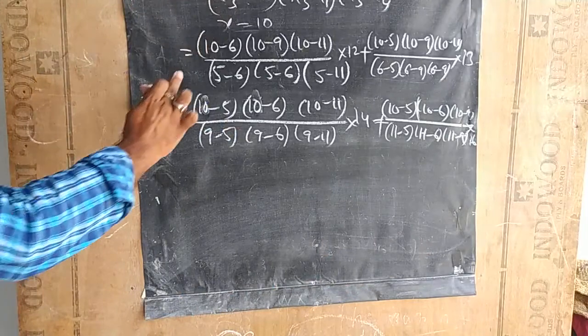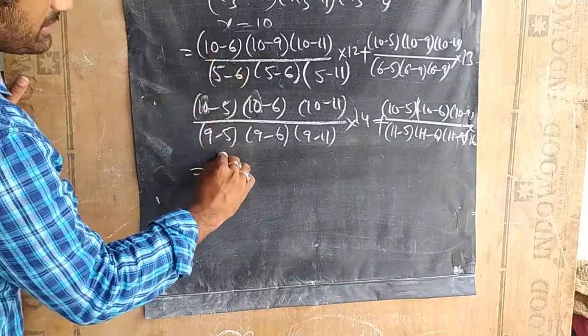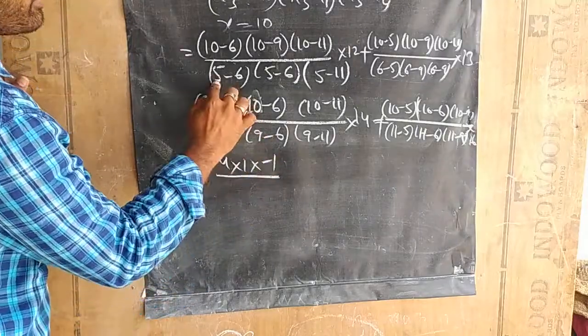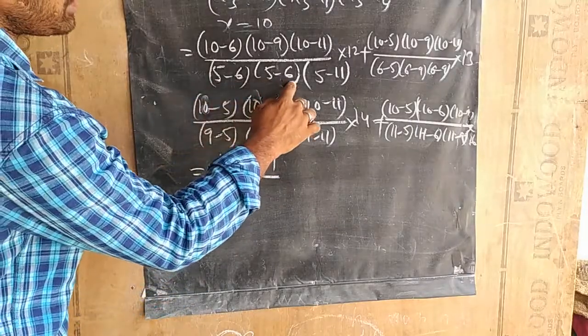Okay, here 10 minus 6 is 4 into 1 into minus 1 divided by minus 1, here also minus 1.